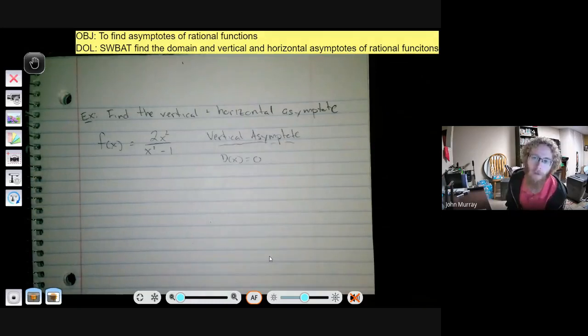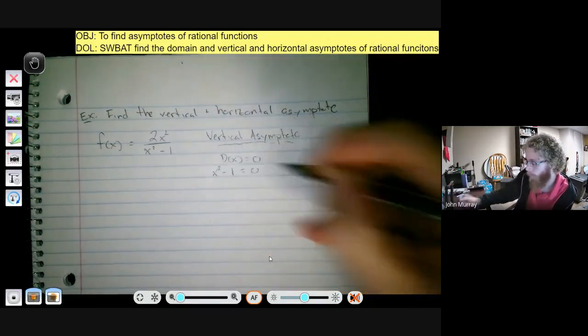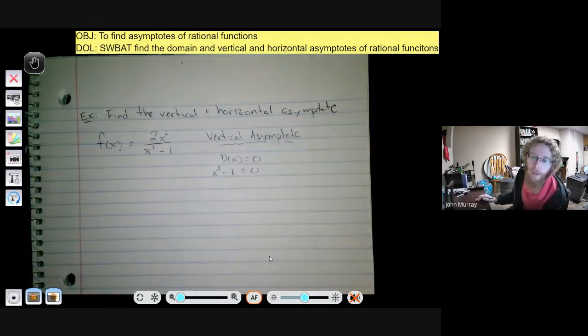All right, so the way we're going to deal with the vertical asymptote is, well, we have to find the zeros of the denominator. So we're going to set our denominator equal to 0, and we're going to solve. Okay, so we have x squared minus 1 equals 0.